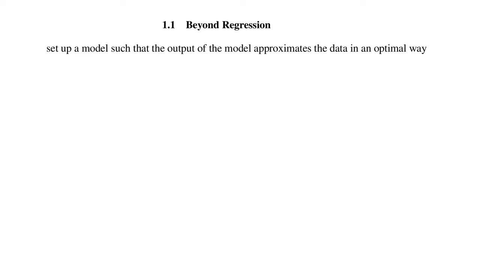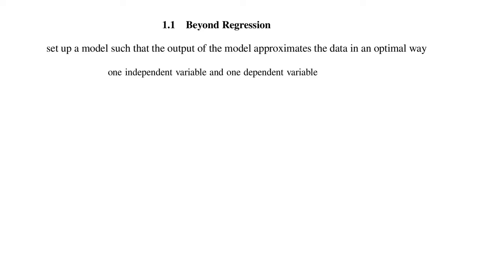And one of the tools that we'll use is this notion of regression, which I'm sure most of you have come across before. So we're going to set up a model, and we want the output of the model to approximate the actual data in an optimal way, which I'll make clear.